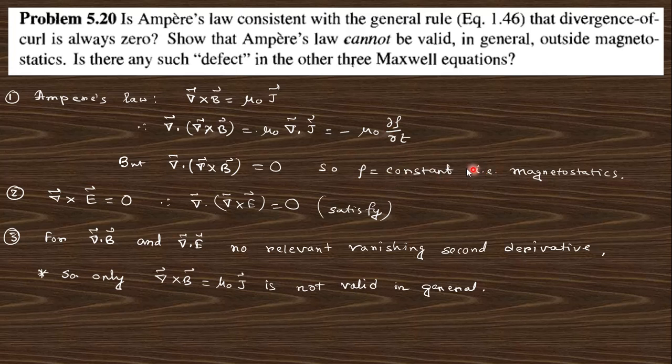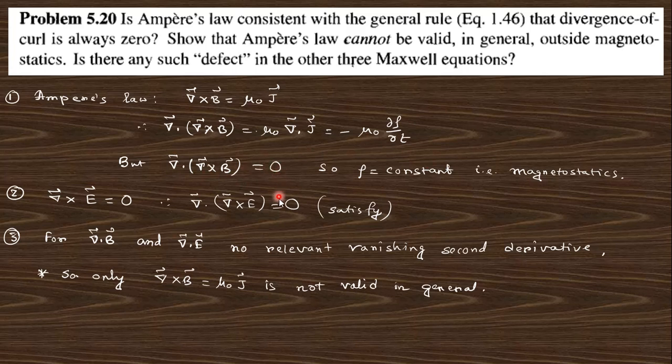Since rho is constant, this is like that. If you apply this continuity equation, you will get minus mu 0 del rho by del t. Now in the case of magnetostatics, rho is constant, that's why this divergence of curl of B is 0.